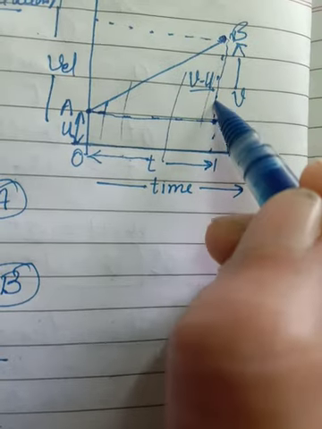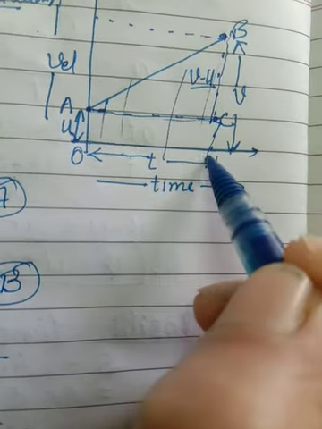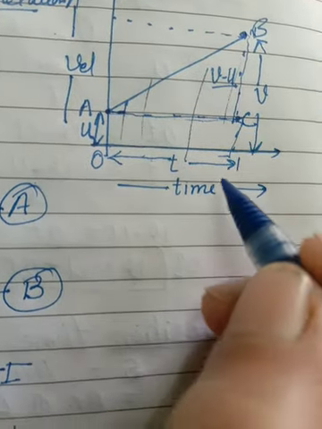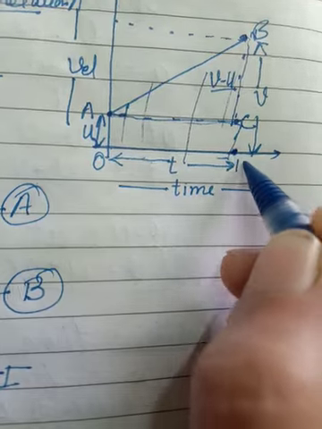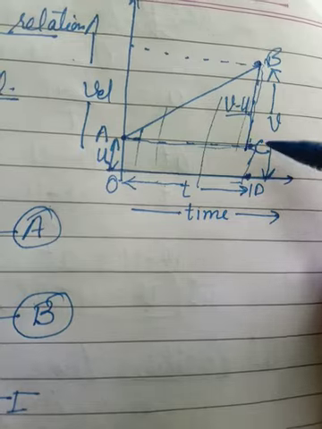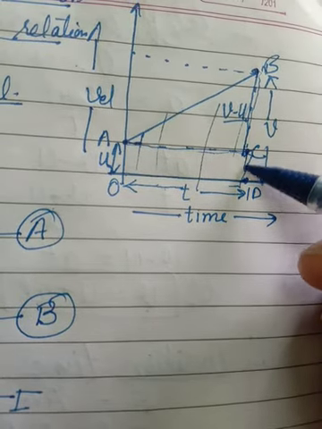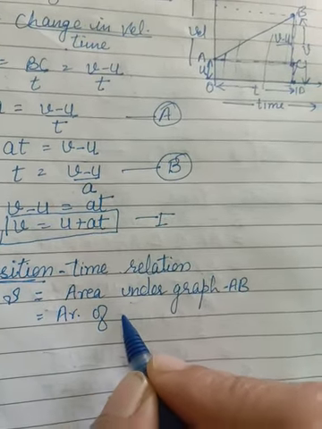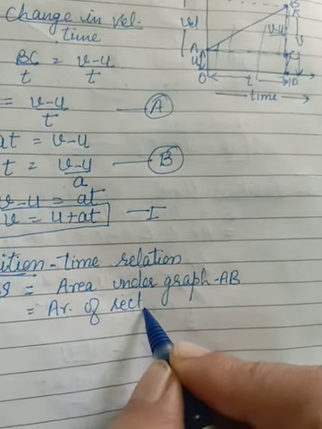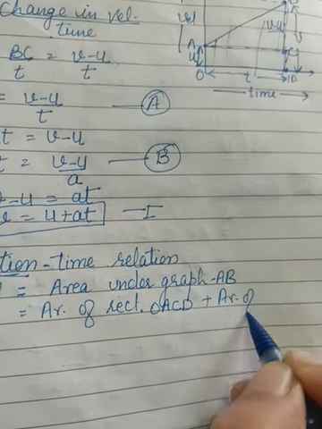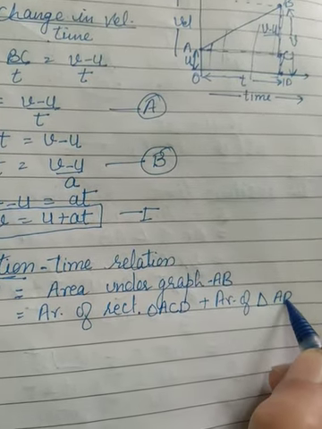This is a triangle and this one is a rectangle. Let this point be D. So the area of triangle ABC and the area of rectangle OACD, so this will be equal to the area of rectangle OACD plus the area of triangle ABC.